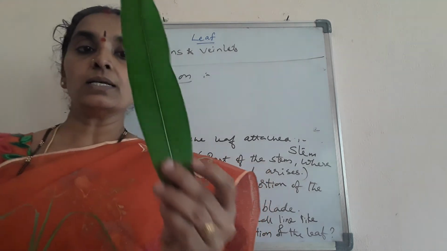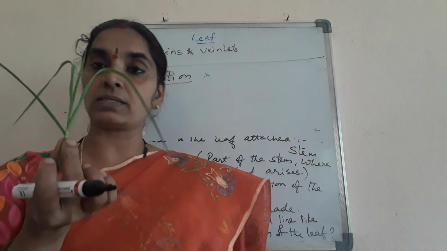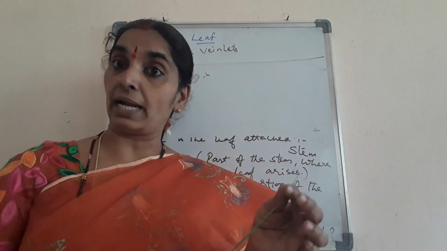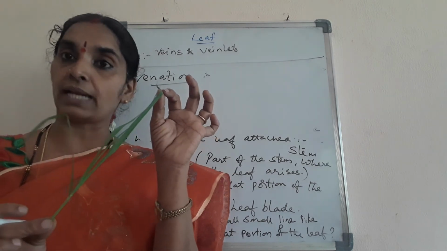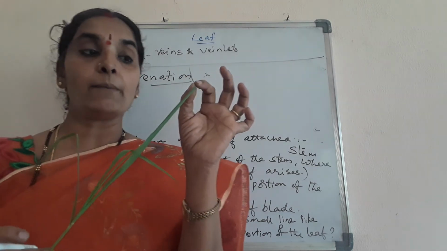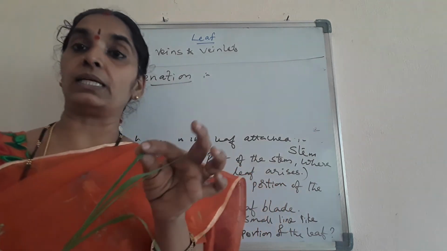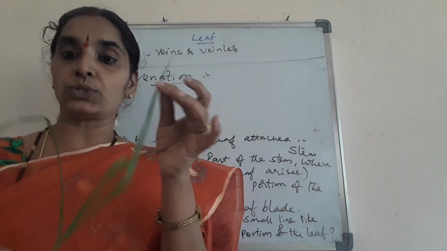Is it clear? So they are arranged in a different manner in these leaves, and in a different manner in the grass. In the case of the paddy also, you can see the same arrangement as the leaf of the grass. Paddy, maize, jowar, all these monocots, you can see that the veins are arranged parallelly to one another.